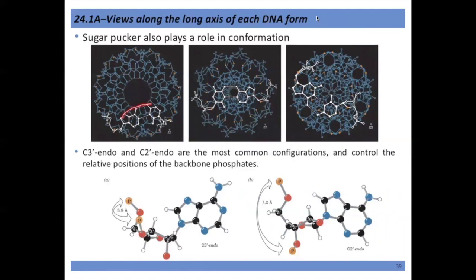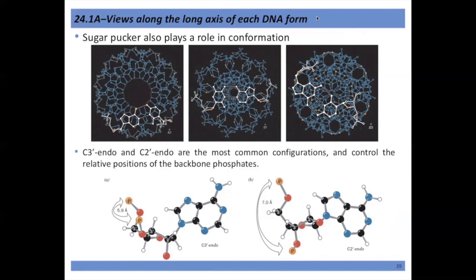So this is actually the major groove, and I know that because here is the anomeric bond and the sugars, and so that's going to be the minor groove. So the major groove kind of points toward the axis of the helix here.